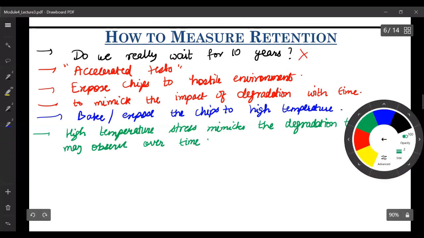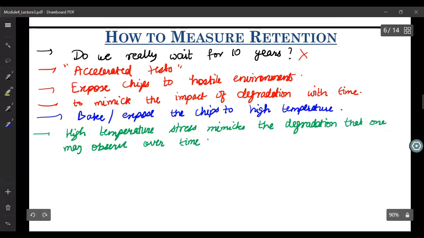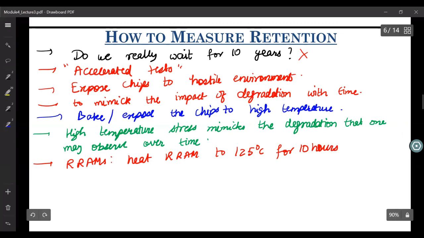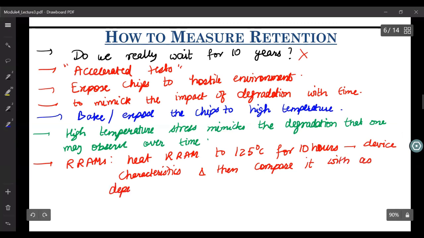And there are certain set standards by the company. They have calibrated their data and all. So for instance, for RRAMs, they heat the RRAM array to 125 degrees Celsius for 10 hours. And then they look at the device characteristics, and then they compare it with as-deposited or virgin devices.